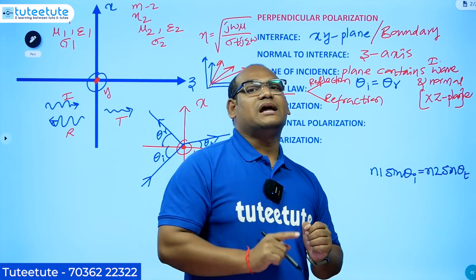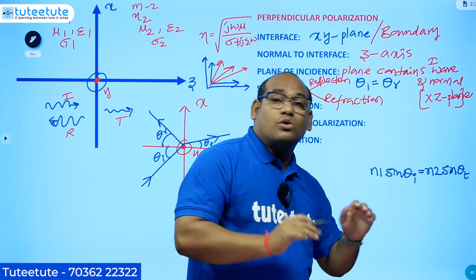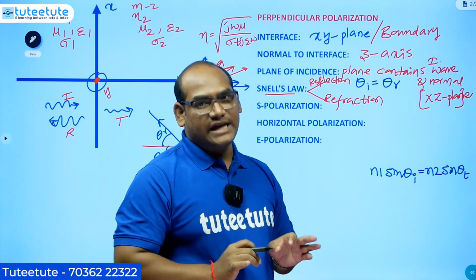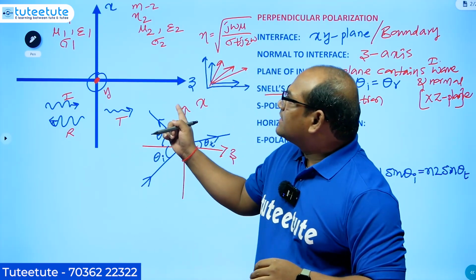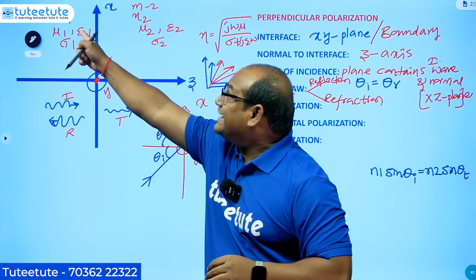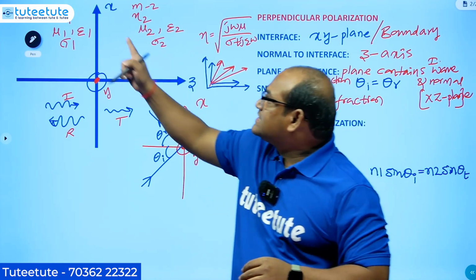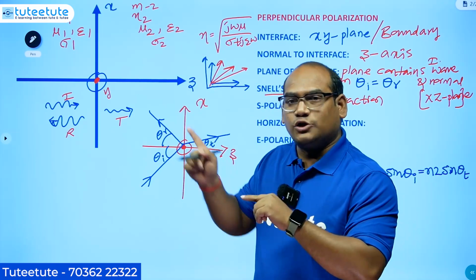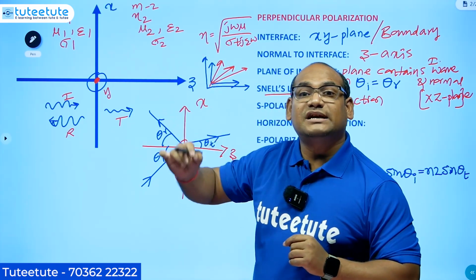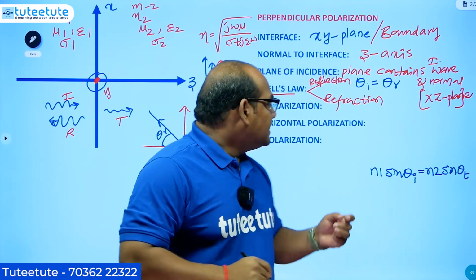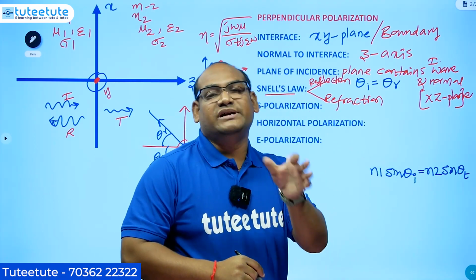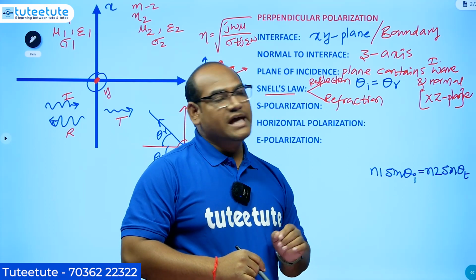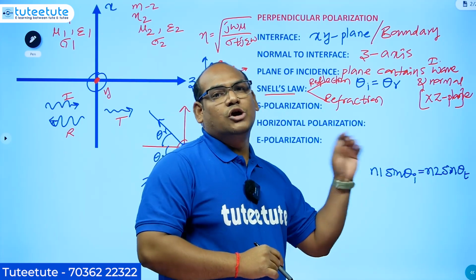One important point: these N1, N2 are not impedances of the media. Here we have represented the impedances of the media with eta 1, eta 2, not N1 and N2. Impedances are represented with eta 1, eta 2, and here N1, N2 are the refractive indices of the two media.